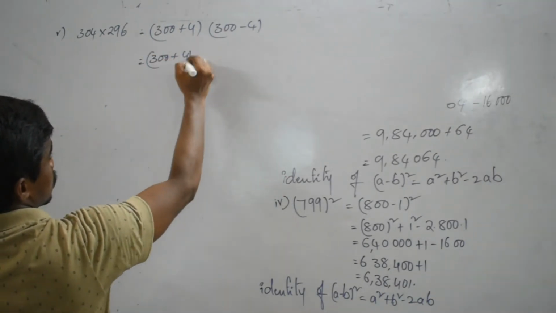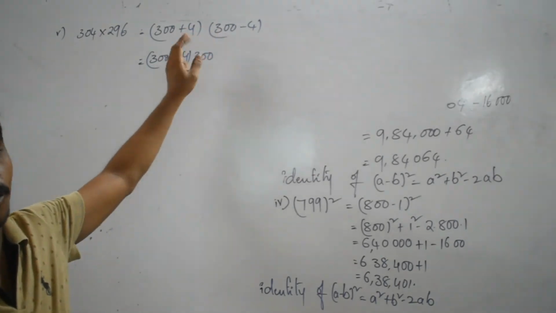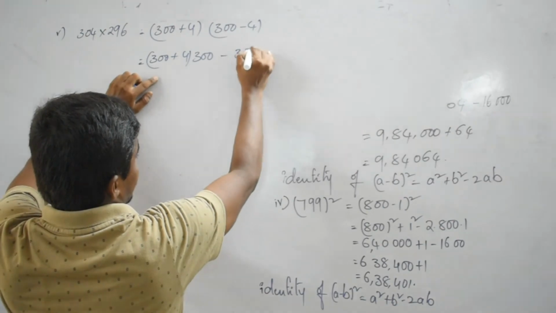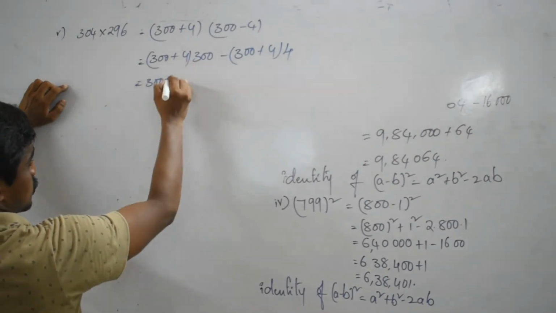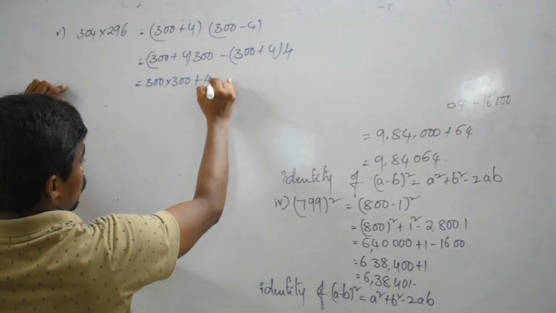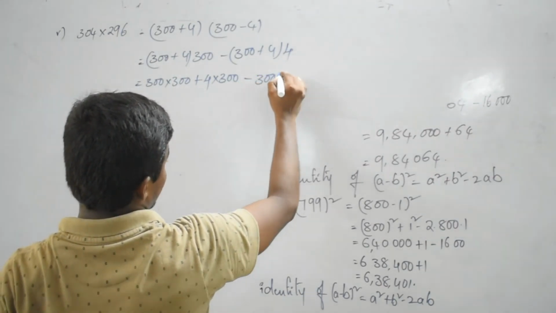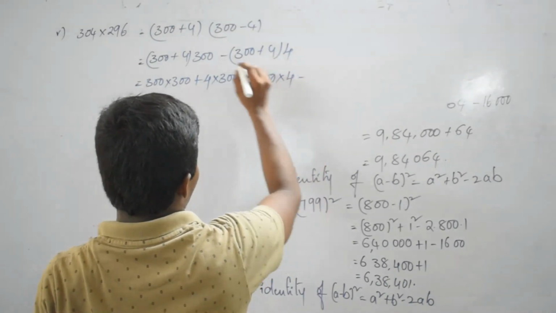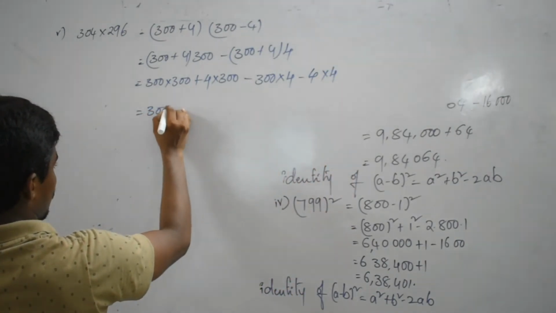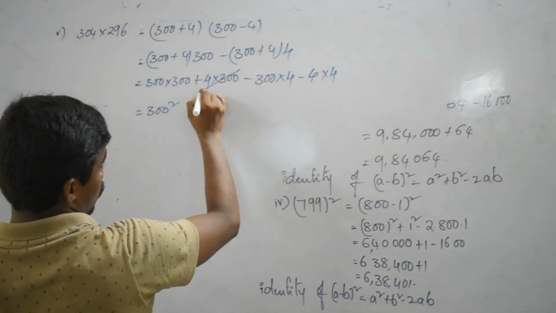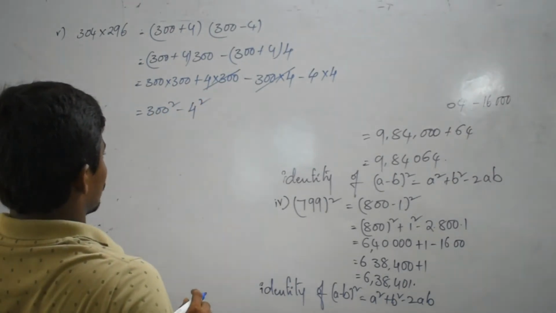We multiply these binomial numerical expressions: (300 + 4)(300 − 4). 300 times 300, plus 300 times 4, minus 4 times 300, minus minus into plus, minus 4 times 4, 4 square.